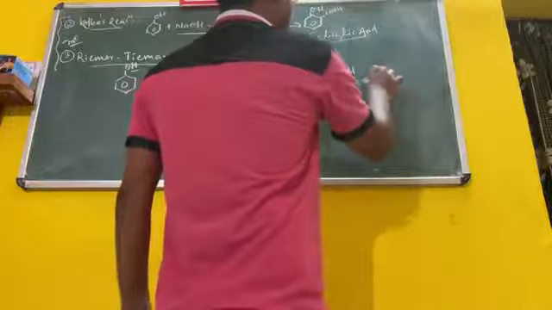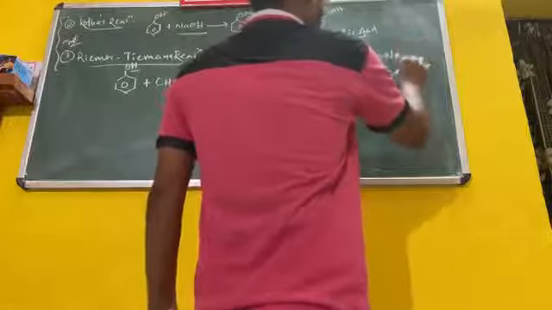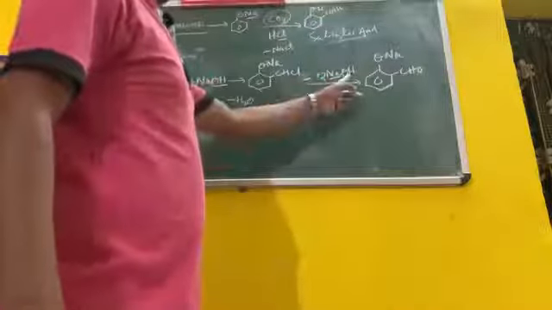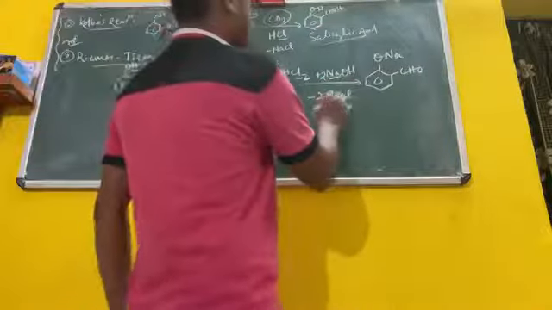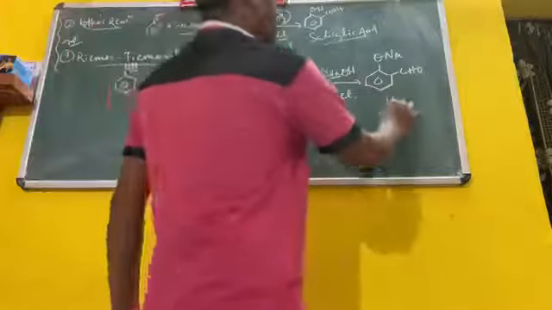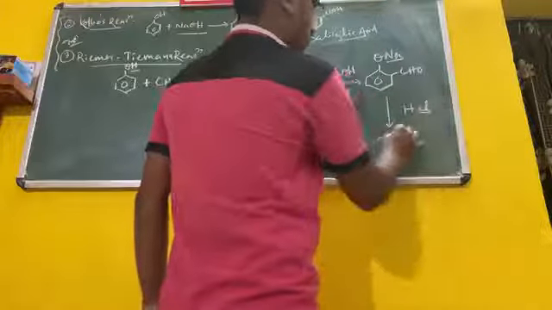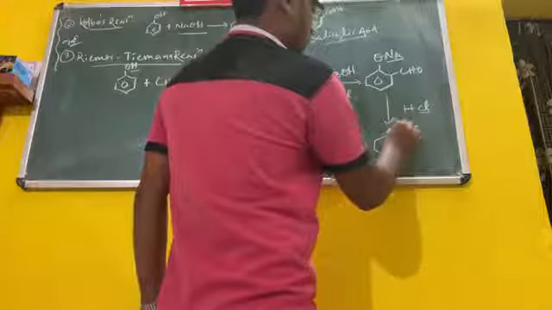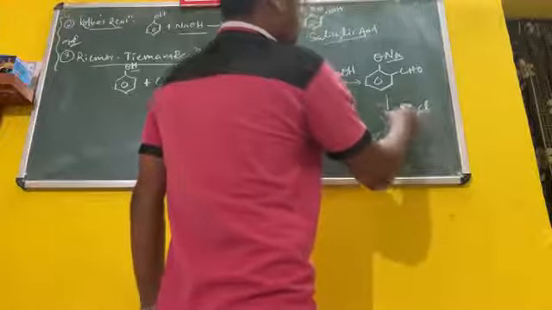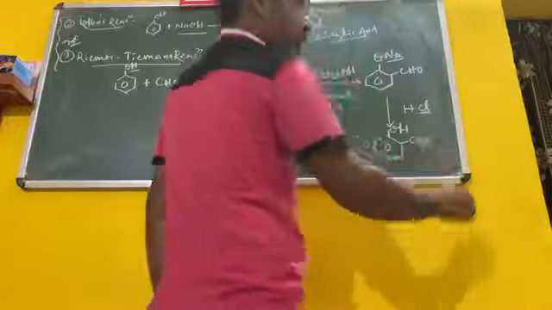Then it will form ONa and CHO. One H is also replaced. Then again treated with HCl. This part becomes OH, and here is your CHO.